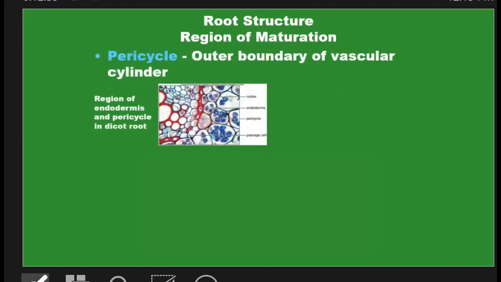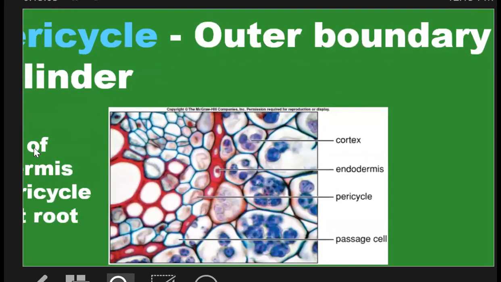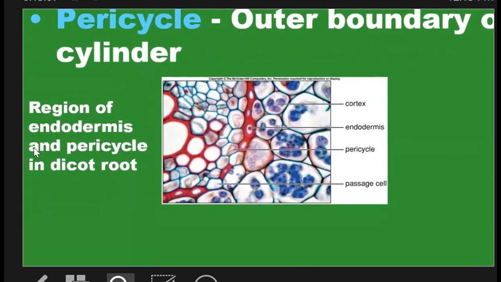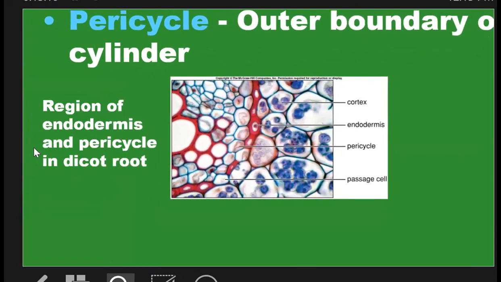So let me blow that up. If you take that endodermis, that ring of red cells that you saw in that previous image, this is just looking at a section of that previous image.